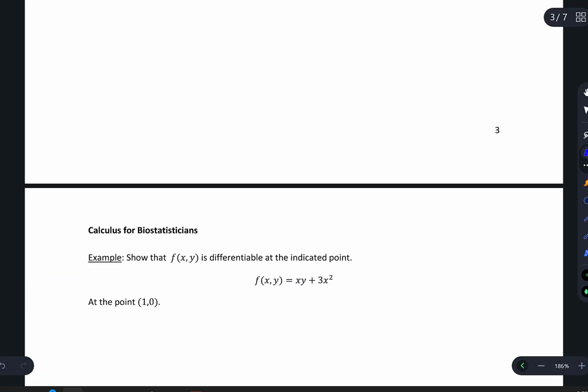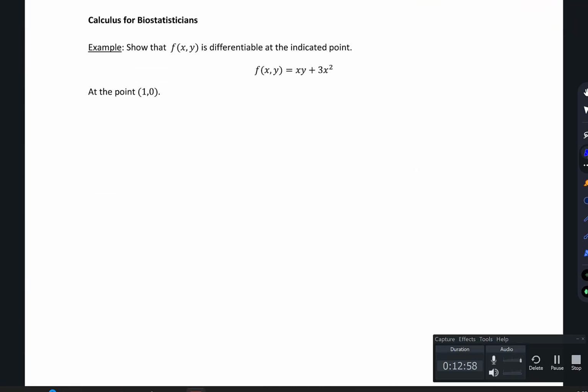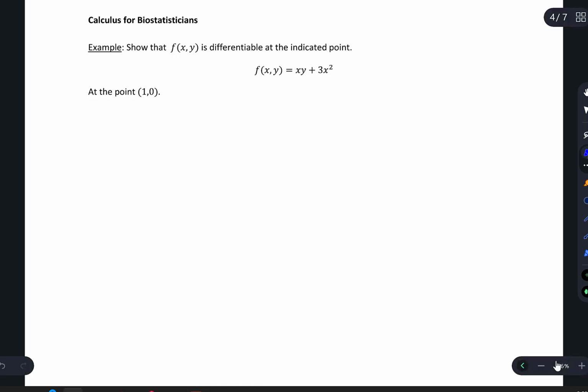All right, so let's look at an example. We're going to show that f of x y is differentiable at the indicated point. We can use the sufficient condition for differentiability to help us out with this exercise. To apply the sufficient condition for differentiability, we need to have the partial derivatives. So let's first find the two partial derivatives.